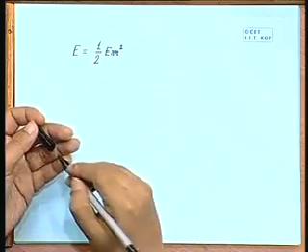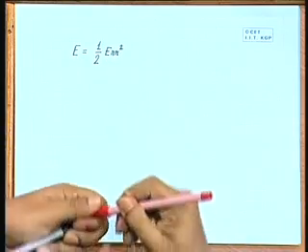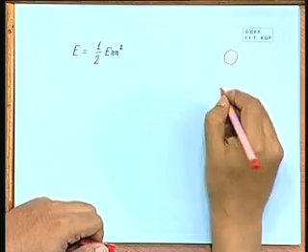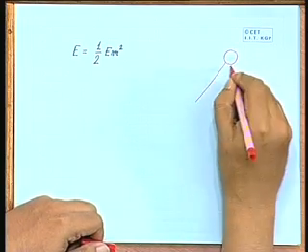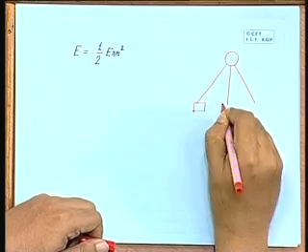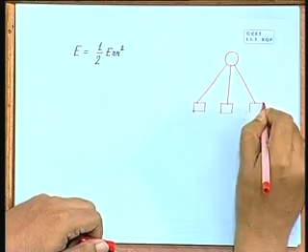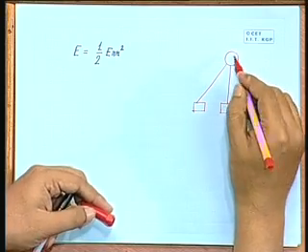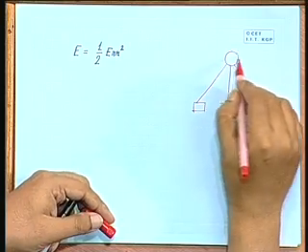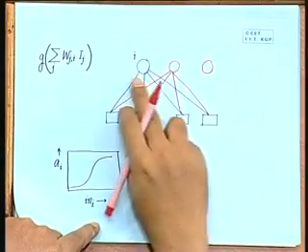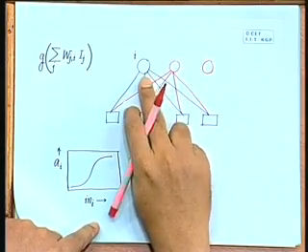Let me draw the neuron here as well. We are looking at the error that we are going to have in the output of this neuron. In general, the total output is defined as the collective output of all these neurons taken together, so it is a vector actually.